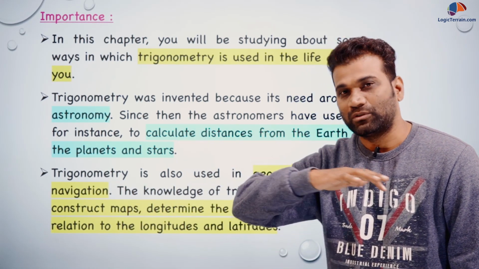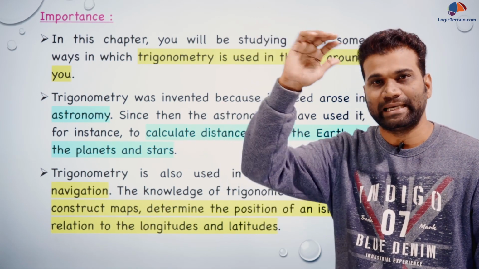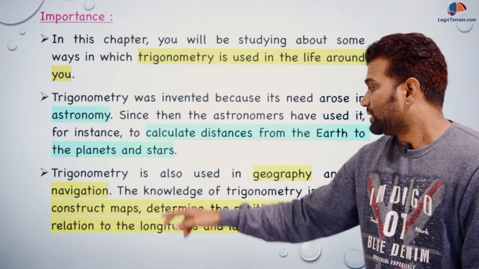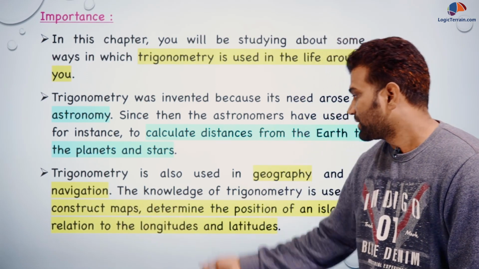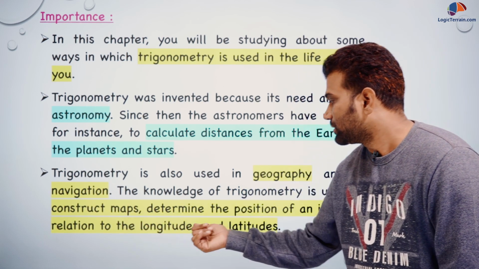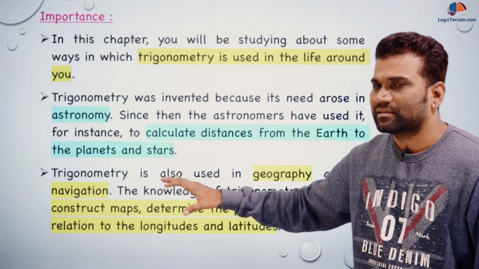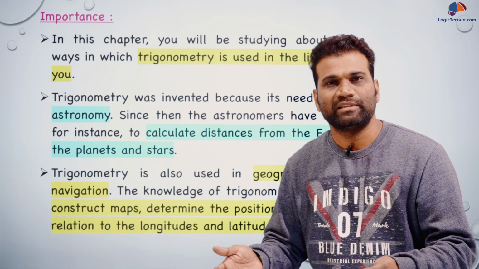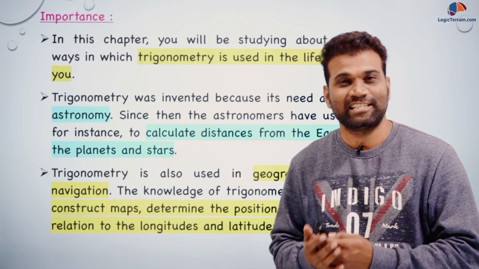If you are moving in an ocean, or traveling in a plane, trigonometry is used in navigation. The knowledge of trigonometry is used to construct maps and determine the position of an island in relation to the longitudes and latitudes. These are broader uses, and in common use, with the help of trigonometry we find heights and distances.